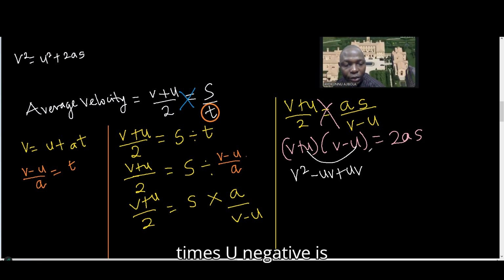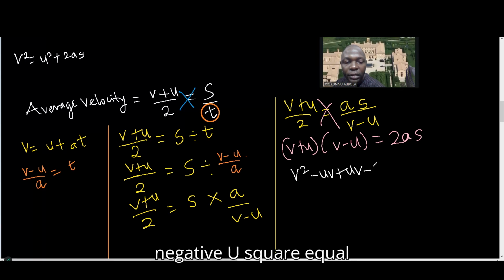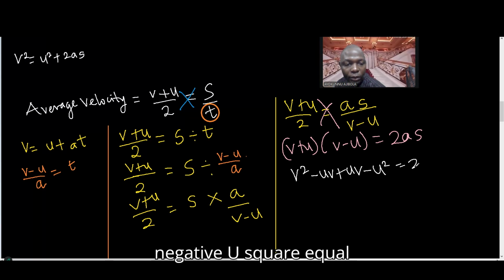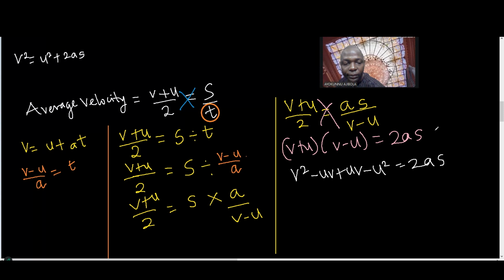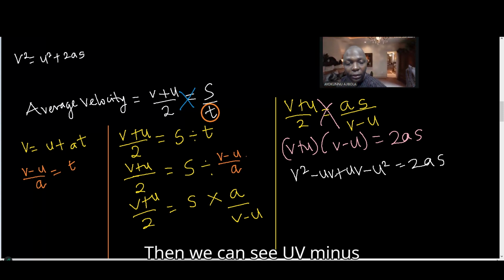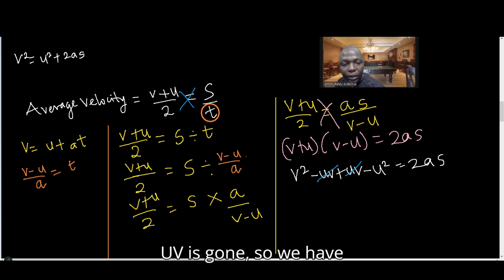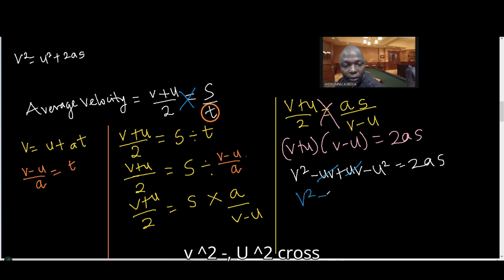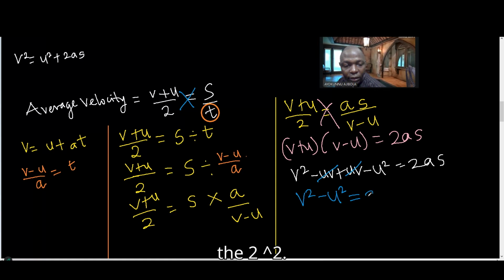Then u times negative u is negative u squared, equal to 2as. Then we can see uv minus uv is gone.